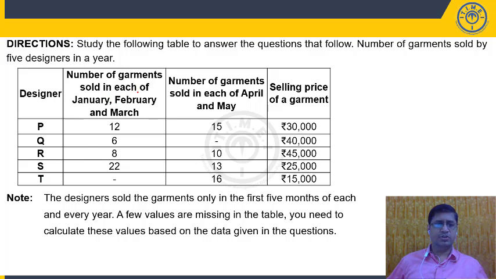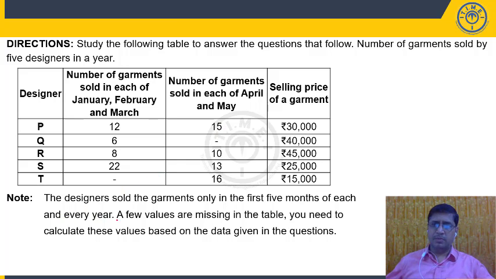Each of January, February and March means January 12, February 12 and March 12. Similarly, for designer Q, in the month of January 6 sold, in February and March also 6. 6 plus 6 plus 6, 18. Similarly, 12 plus 12 plus 12 is 36. And in the third column, 15 plus 15 for the 2 months, April and May.